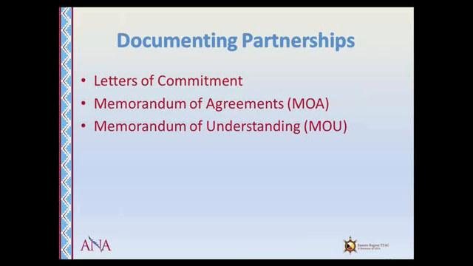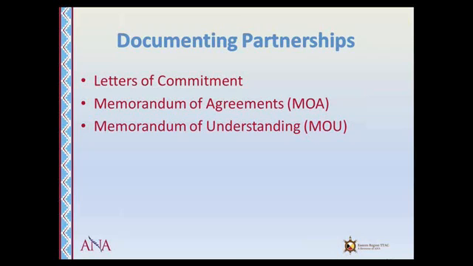Once you've determined who you are partnering with, you want to get that arrangement in writing so that the expectations are clear, to avoid future misunderstandings. We have listed 3 types of documentation that can be done. The first is the least formal way of documenting partnership expectations.